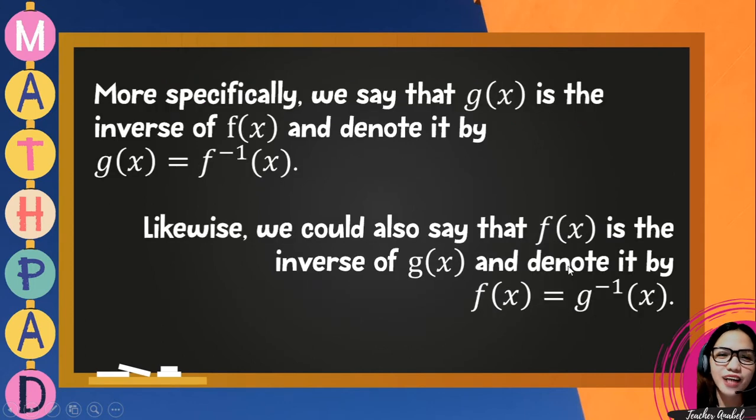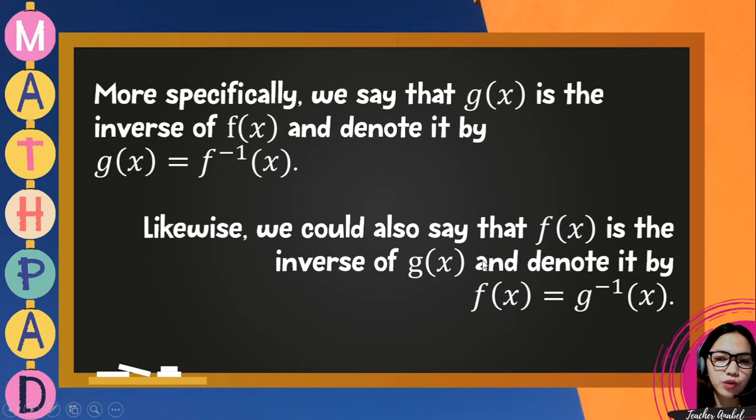Now, more specifically, we say that g of x is the inverse of f of x and denoted by this symbol. So we're babasahin natin ito as g of x is equal to the inverse of f of x.